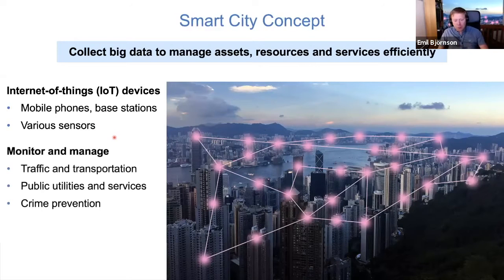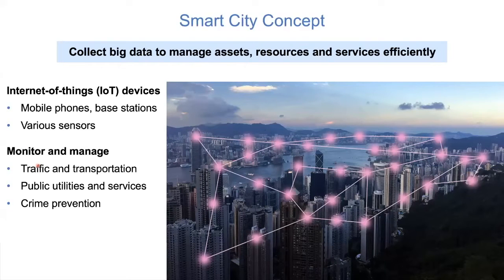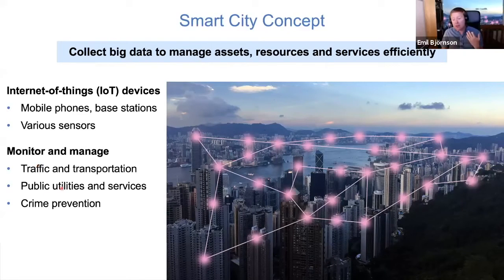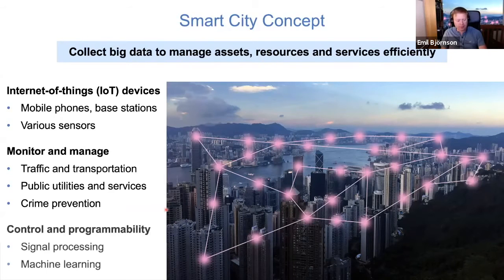What you can monitor in a city is things like the traffic, transportation systems like trains, and different types of public utilities and services, like the water supplies or the power grid. There's a lot of work on how to optimize those things as efficiently as possible. And people have hoped that you can prevent crime by having a more intelligent city that could report when things are happening out of the ordinary.